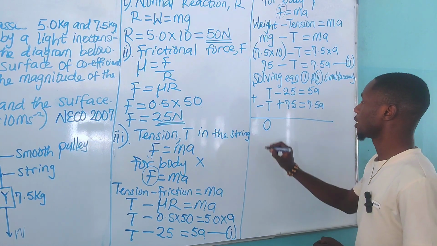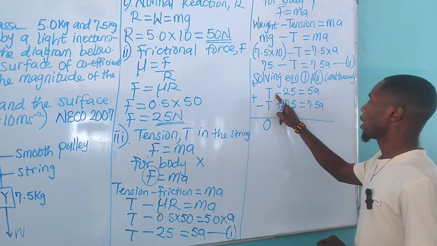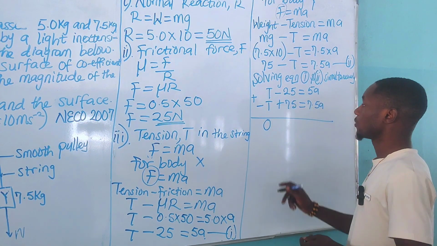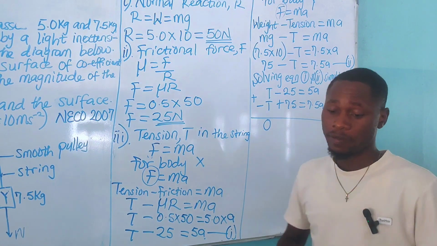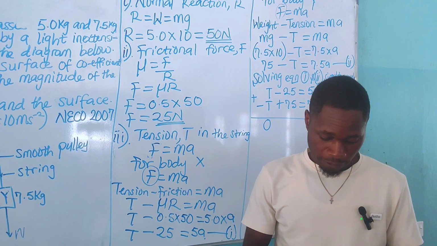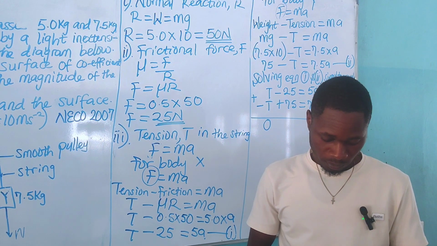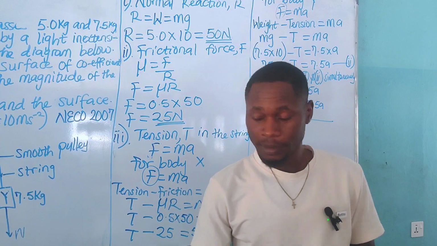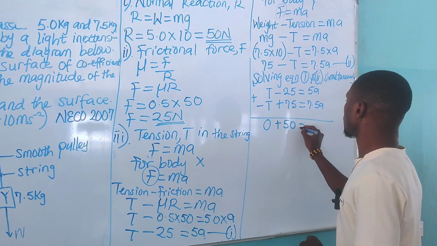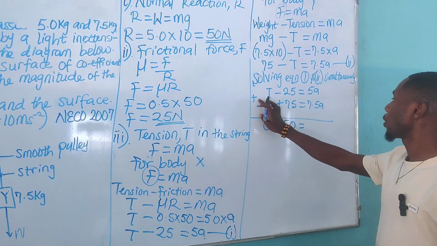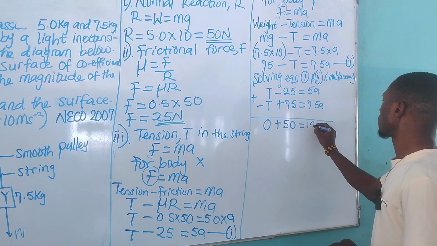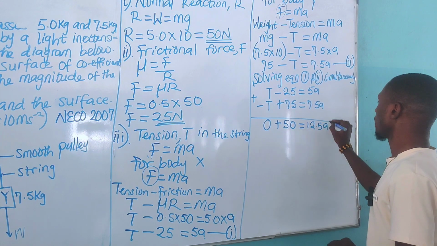so that becomes 0. Okay, so minus 25 plus 75, we have 50. Okay, so that is plus 50 is equal to 5A plus 7.5A. That will give us 12.5A.